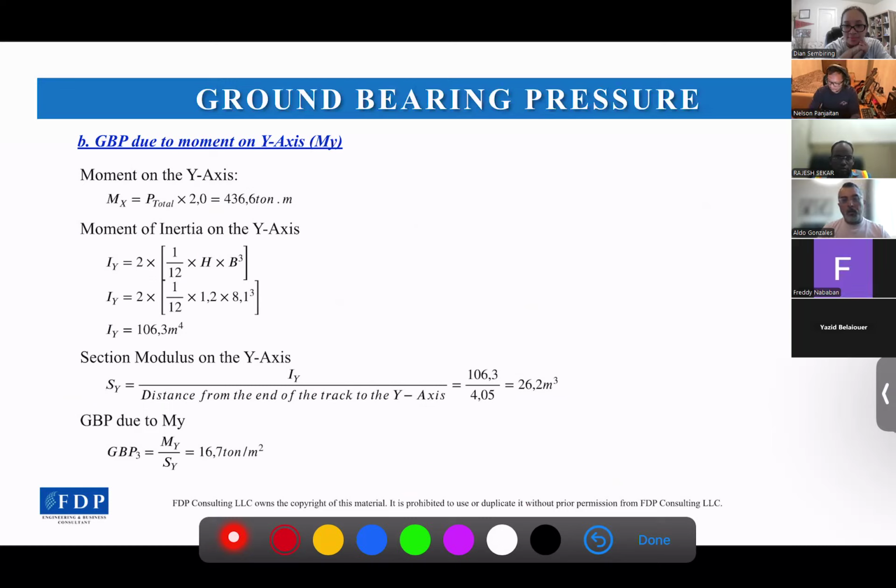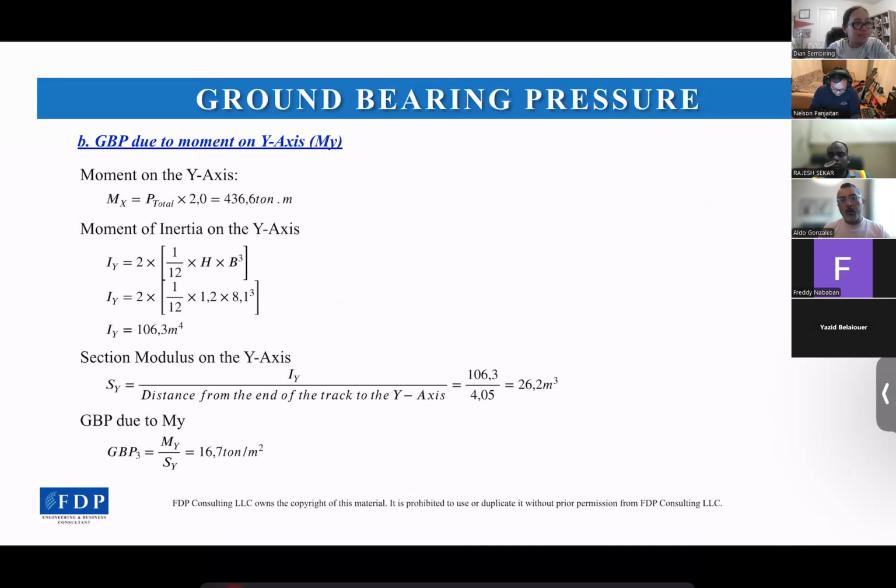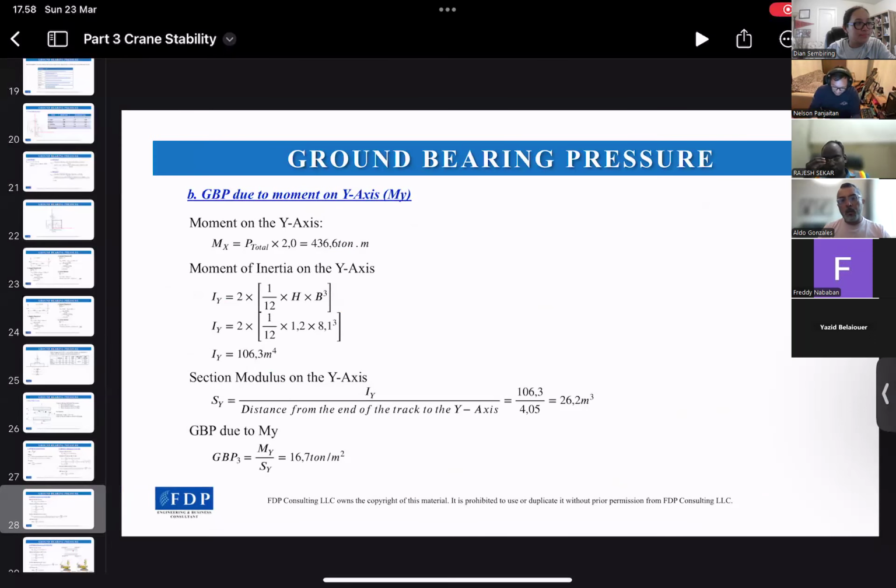Sir, I have one question. Yeah, Fred. About the material of the matting board. How if we use the composite matting board? The composite bearing pad usually is manufactured by one company, is it right?